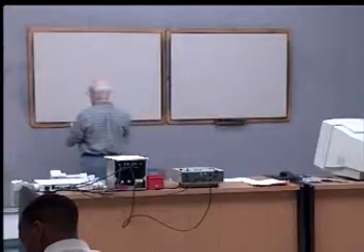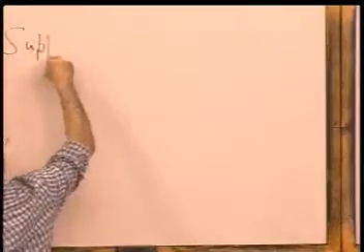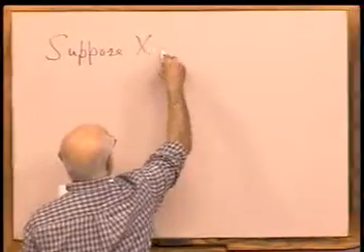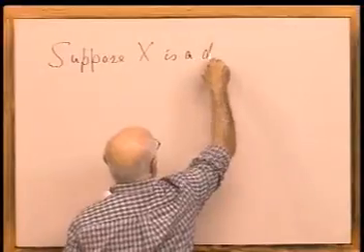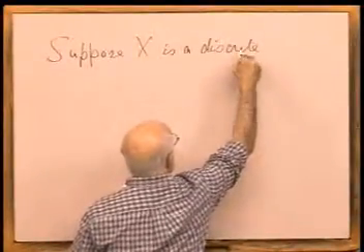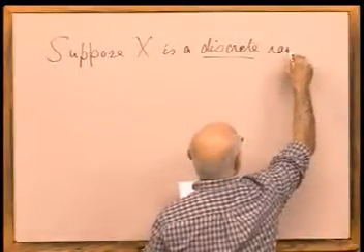So let me start off by defining a discrete random variable, which is what we've been talking about all along. So suppose X is a discrete random variable.